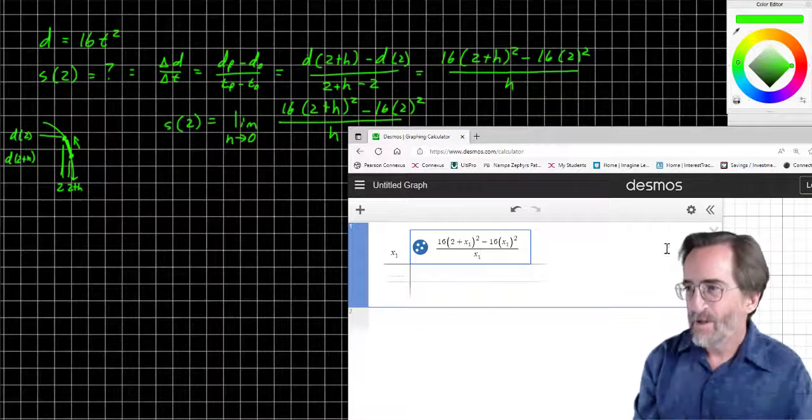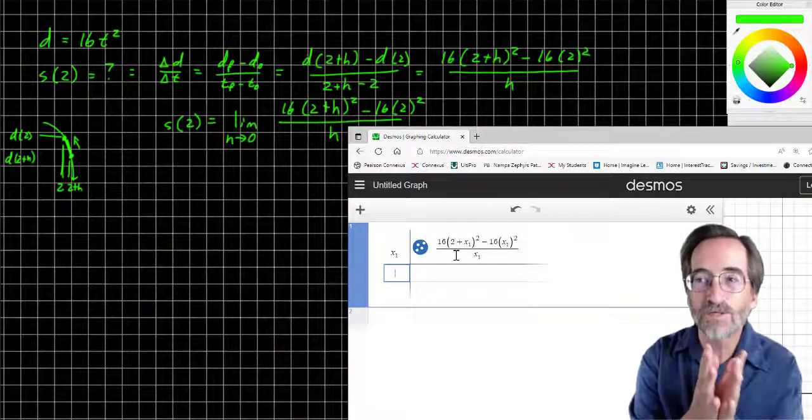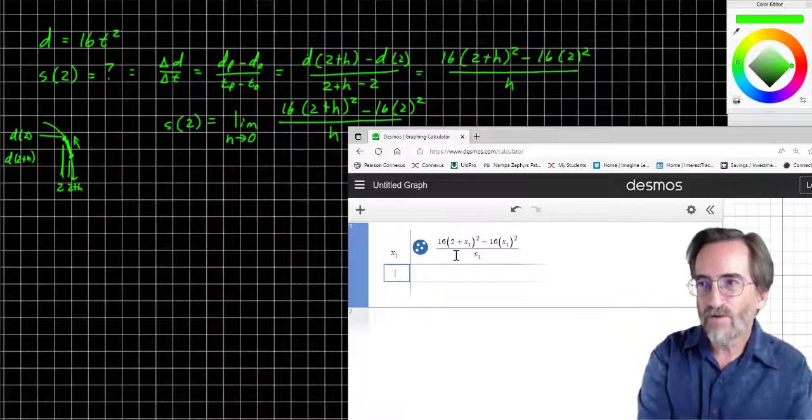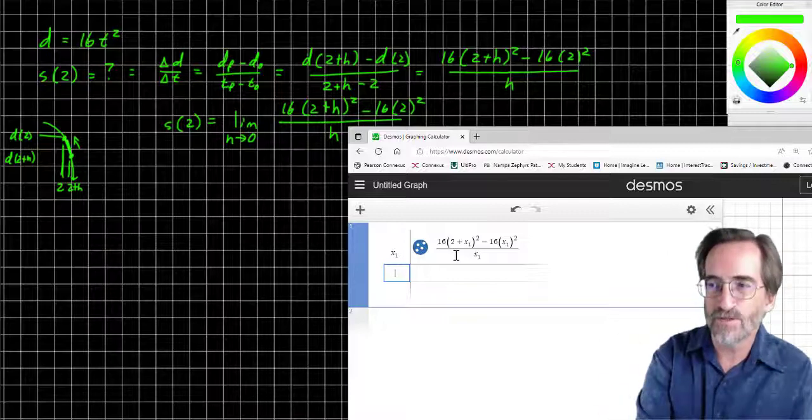Okay. And we're going to put in some values. We're interested in what's happening in and around 2, right? What if h is a little bit bigger? The limit as h goes to 0, as x goes to 0 in this case.